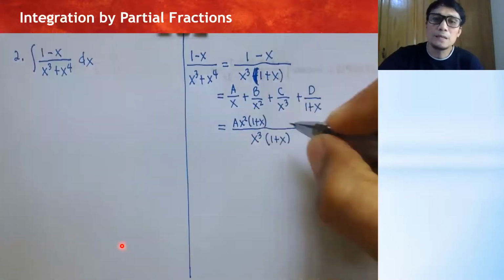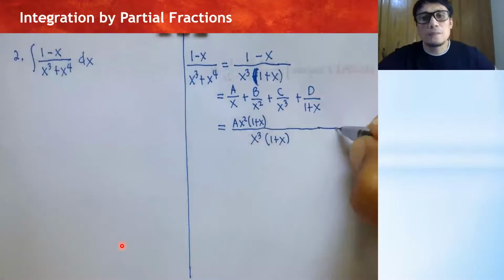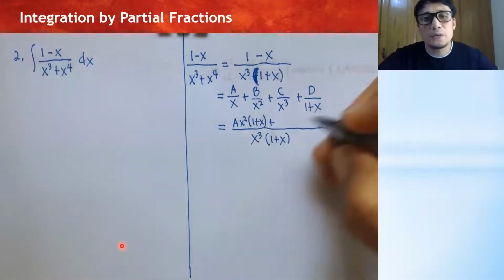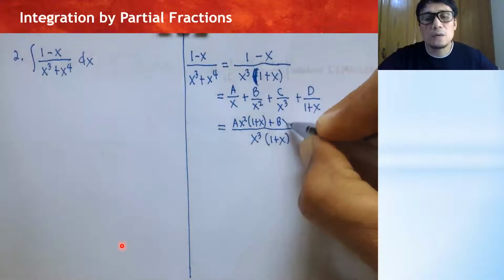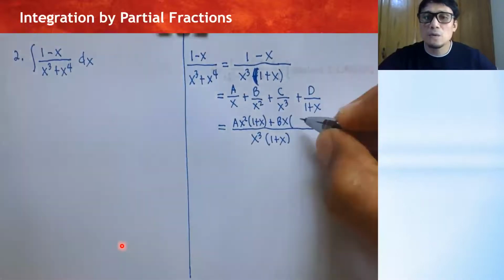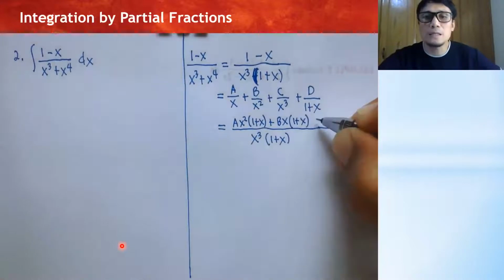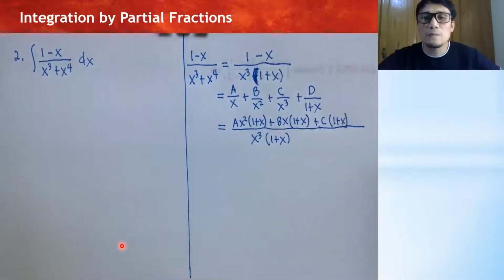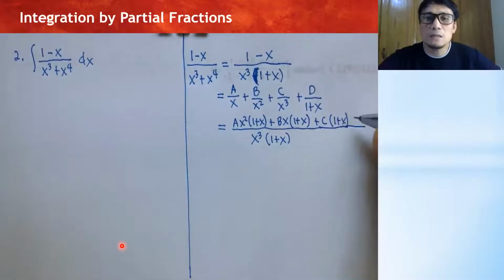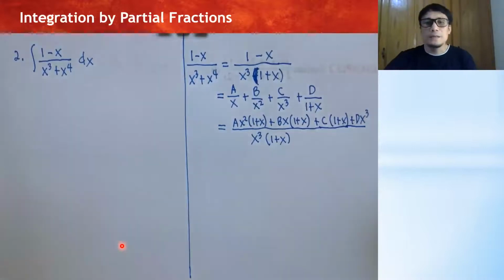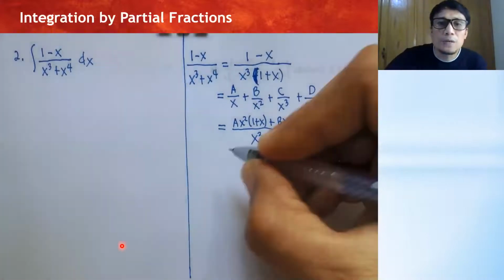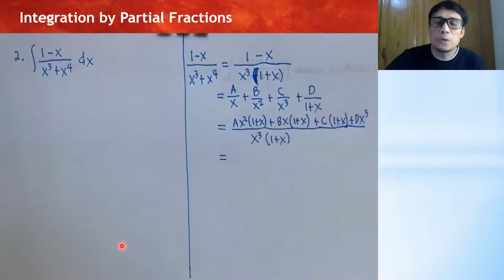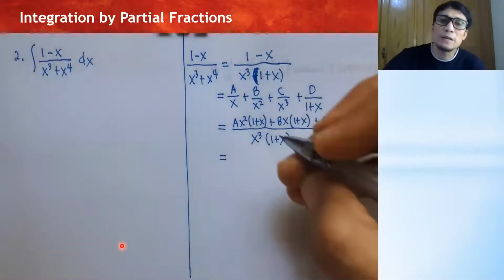Then for b, plus b times, this time we have x, no? Times 1 plus x. And then plus c times 1 plus x, since that's x cubed. And then plus d times x cubed, right? Then let's distribute the x squared there.